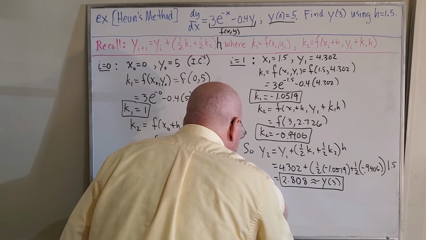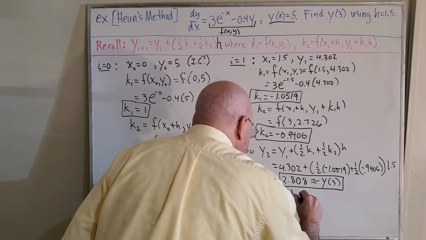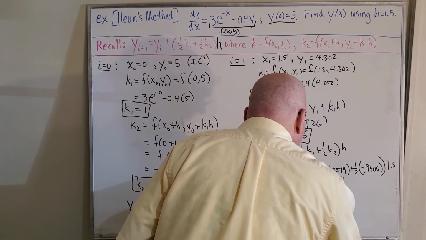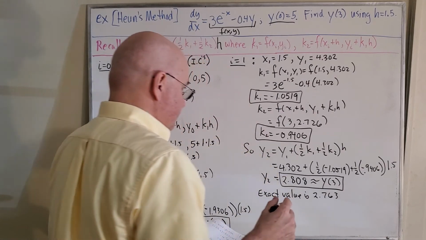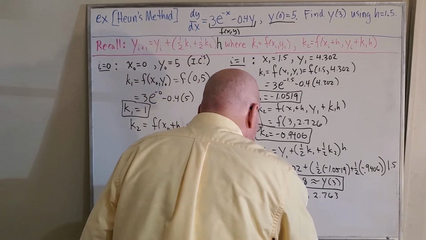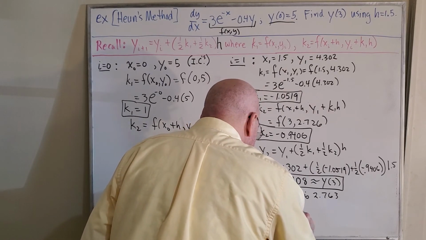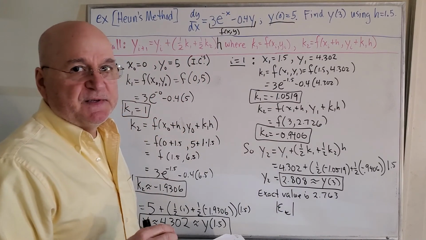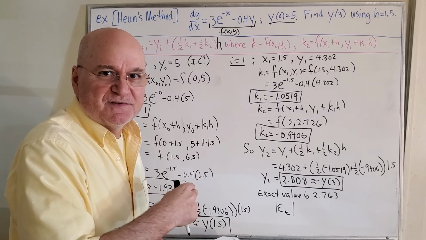Let's just make a note that the exact value of y of 3 is 2.763, giving us an absolute relative error, and I make that little subscript of t just because this is based on truth. It's not based upon the 2 previous iterations.